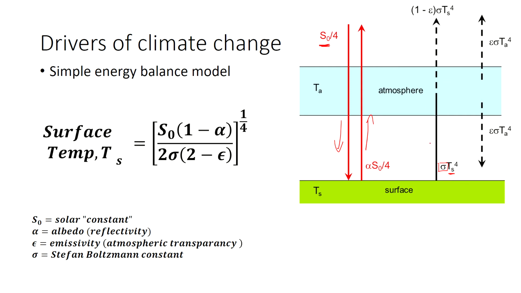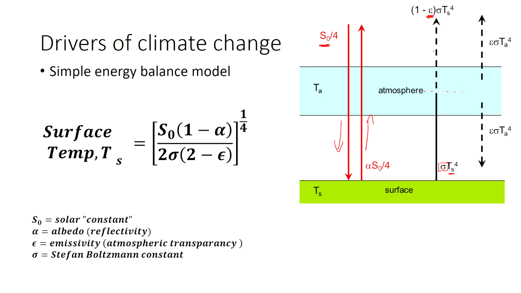That gets sent off out towards space, but it is intercepted by the atmosphere here. There's interception in the atmosphere, because the atmosphere is mostly opaque to long-wave radiation, and that opaqueness is this epsilon term here.